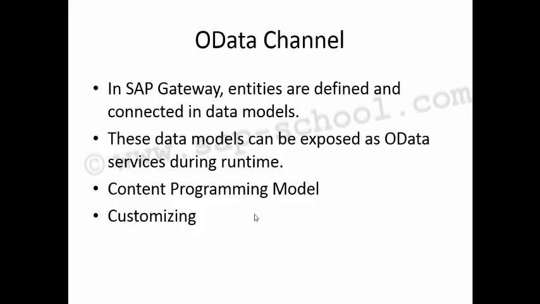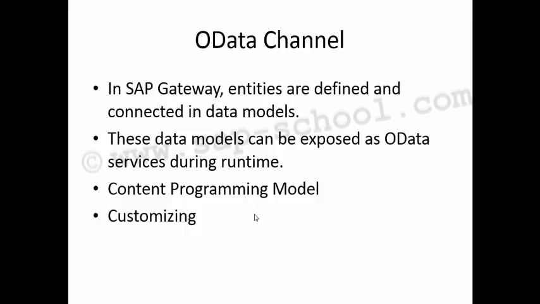Then what is the content programming model? SAP Gateway enables the content implementation to use OData features. As such, the content inherits the flexibility and complexity of OData. The provided metadata reflects the implementation of business data APIs.